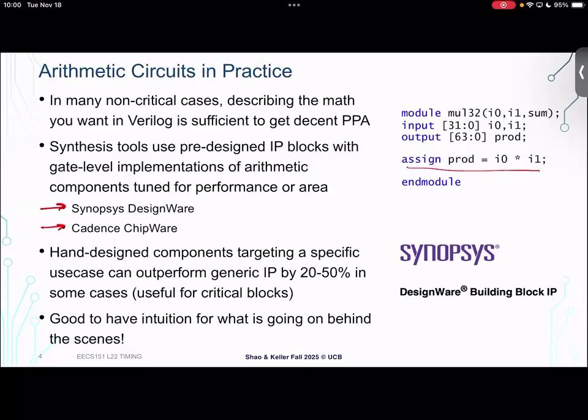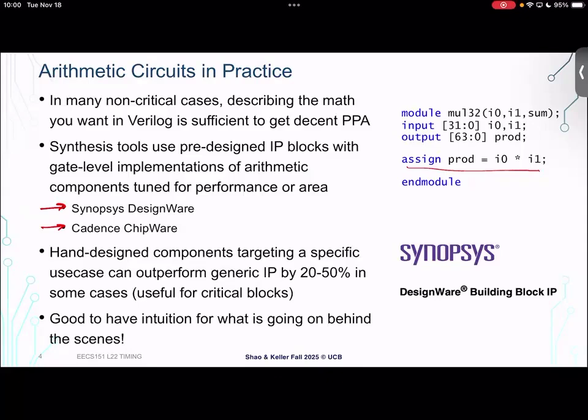There are design experts using everything we talked about in these lectures and much more advanced concepts in arithmetic circuit design to hand design exactly what gates and exactly what microarchitecture you want. And you can see gains of 20 to 50% in performance or power or area, depending on the details of exactly what you're looking at.